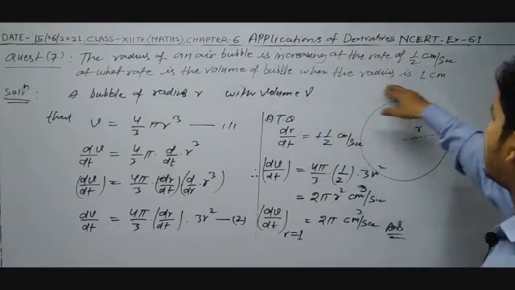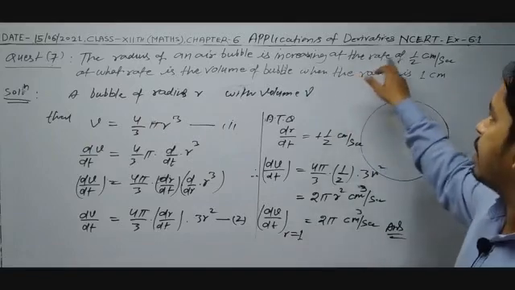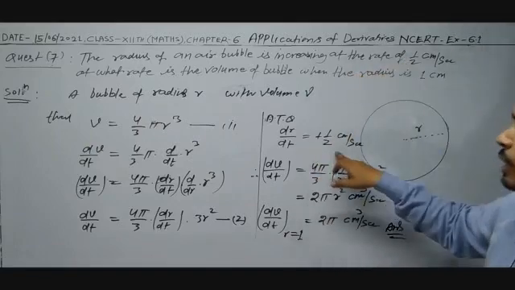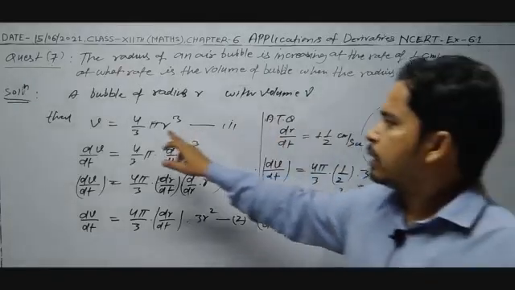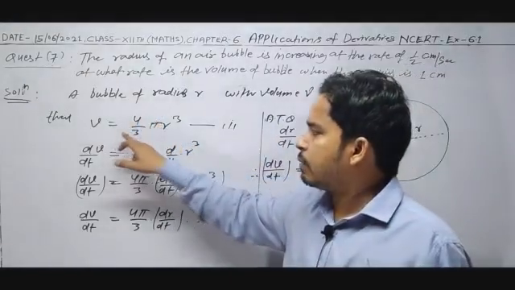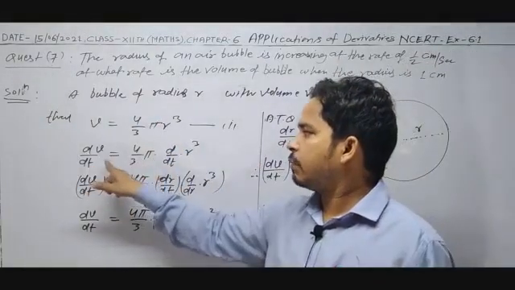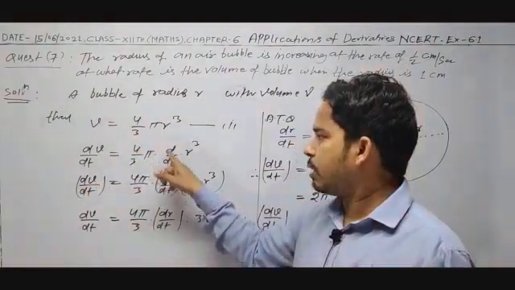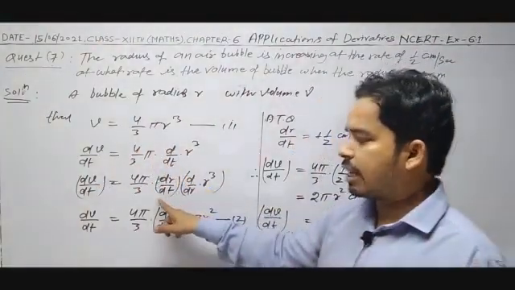When the radius is 1 centimeter, then according to the question, the rate of change of radius, that is dr upon dt, is equal to plus 1/2 centimeter per second, and volume you know the formula, V is equal to 4/3 pi r cube. When you differentiate with respect to t you get 4/3 pi into d by dt of r cube, which gives 3r square dr upon dt.